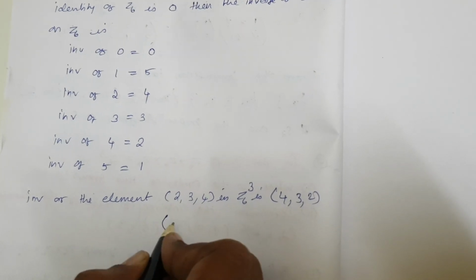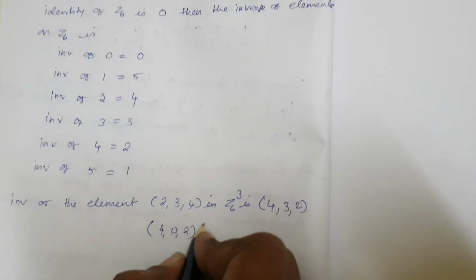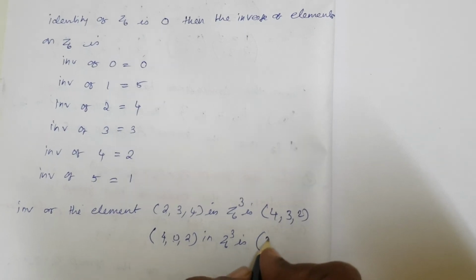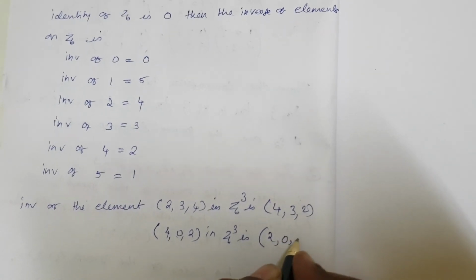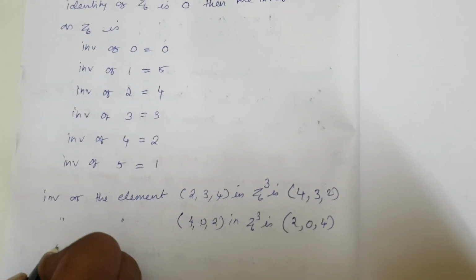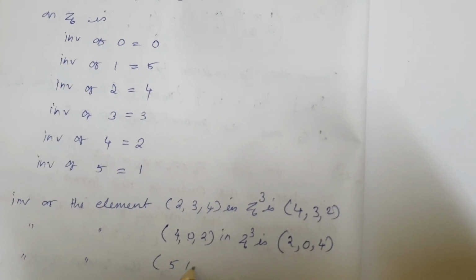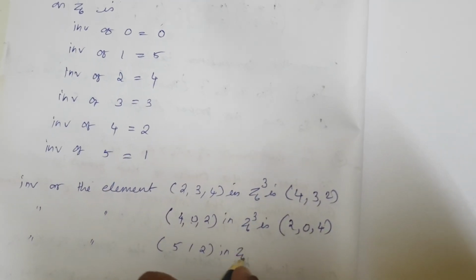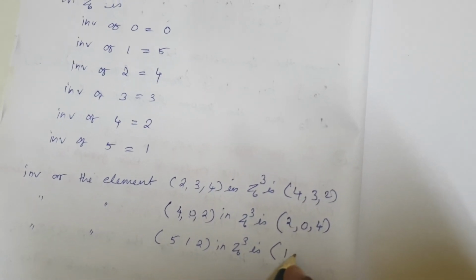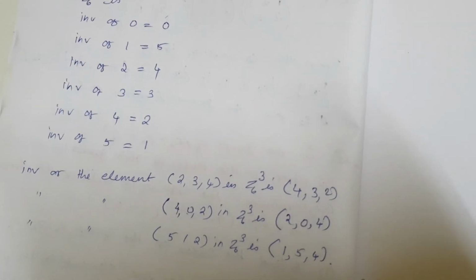Next, the inverse of the element (4, 0, 2) in Z6 cube: the inverse of 4 is 2, the inverse of 0 is 0, and the inverse of 2 is 4. In the third one, we are asked to find the inverse of the element (5, 1, 2) in Z6 cube: the inverse of 5 is 1, the inverse of 1 is 5, and the inverse of 2 is 4.